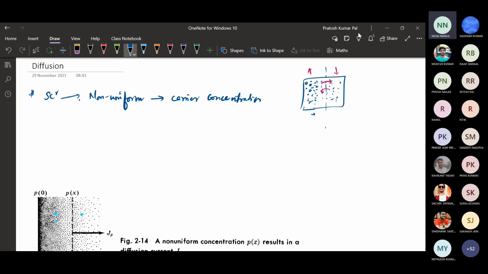Suppose this is the distance dx, with respect to distance dx we can see there is a difference in carrier concentration, so that is called a concentration gradient. So diffusion occurs because of the non-uniform nature of the charge carriers present in the semiconductors. Okay, so because of this non-uniform nature of the charge carriers, there will be a concentration gradient.